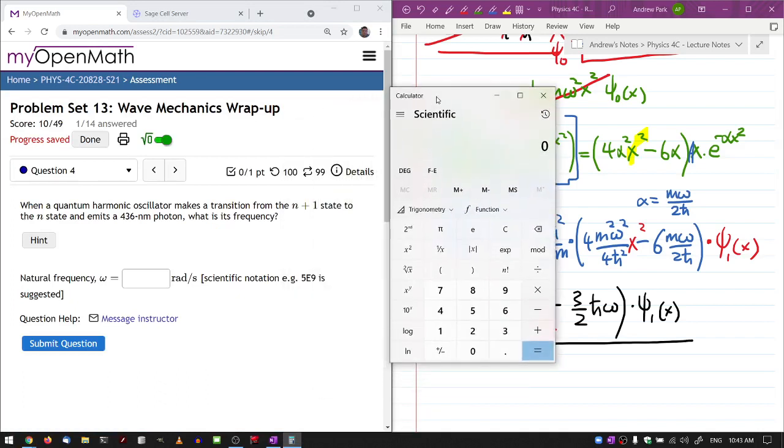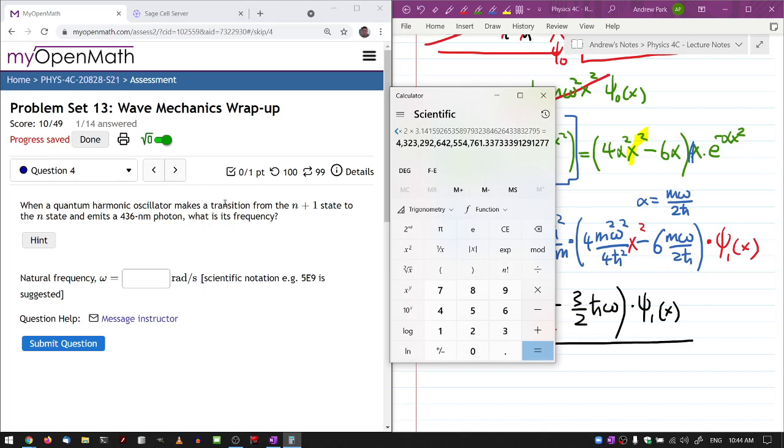I'm thinking of my expression for the speed of light: c is equal to f times lambda. I'm given lambda, so f is c over lambda. So 3 times 10 to the power of 8 divided by lambda, or 436 times 10 to the power of minus 9. Now that's a frequency in hertz. They want frequency in radians per second, so I need to multiply this by 2 pi.